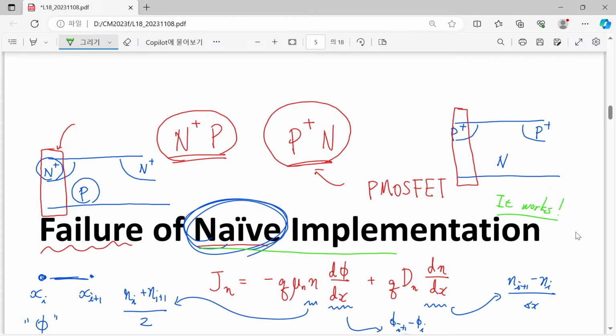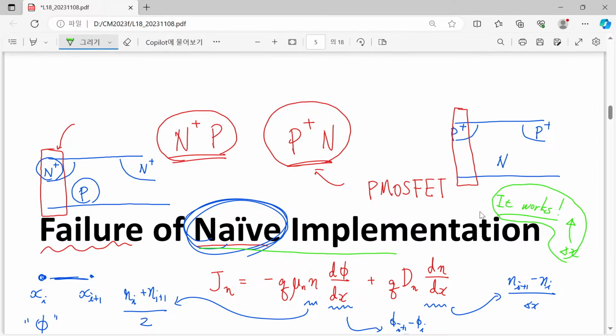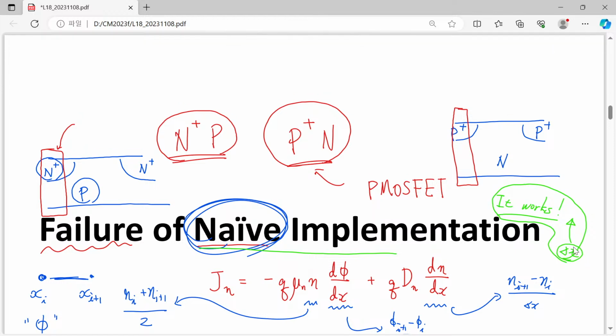It works only when you spend quite a high computational burden with a very small delta x value. Then you can get the solution. However, in reality, your delta x cannot be decreased infinitely, so you must stop somewhere, and usually your naive implementation does not perform quite well.